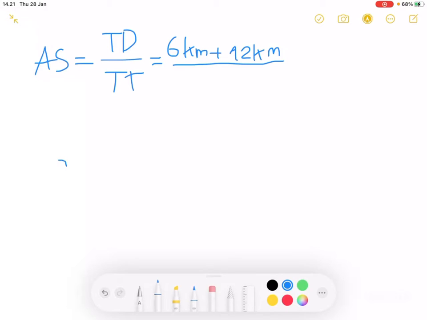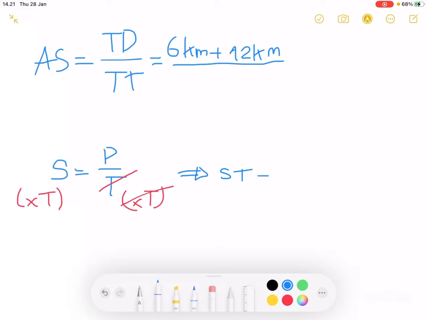We know that speed, I'll mark that as S, is the distance over time. If we multiply by the time on both sides to eliminate the time in the denominator, we're left with speed times time is equal to the distance.